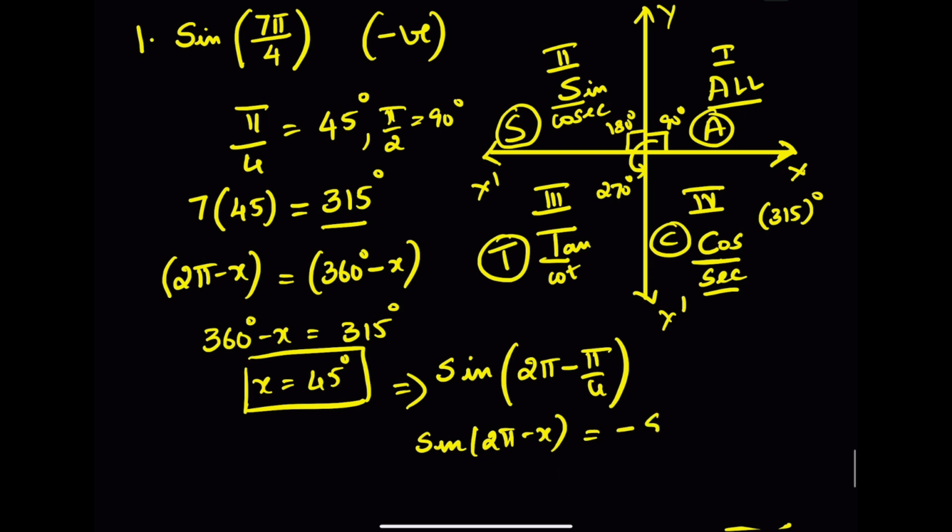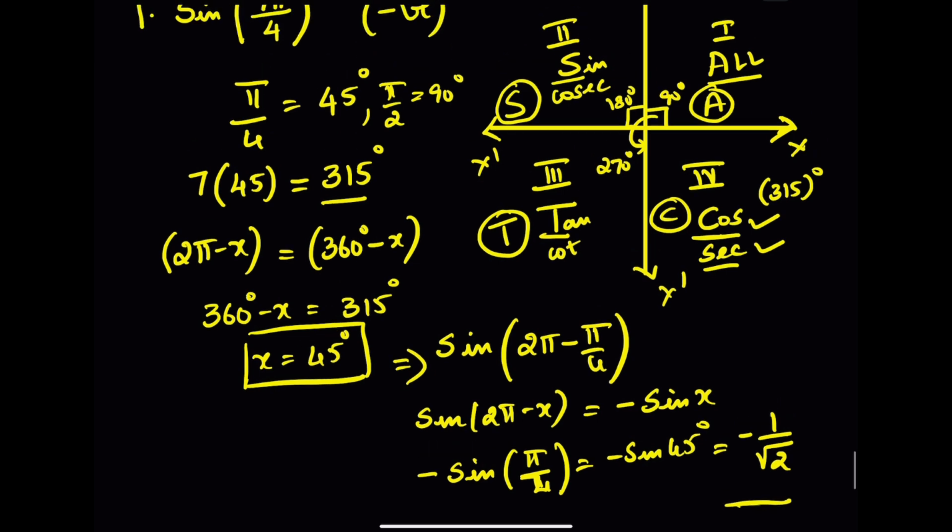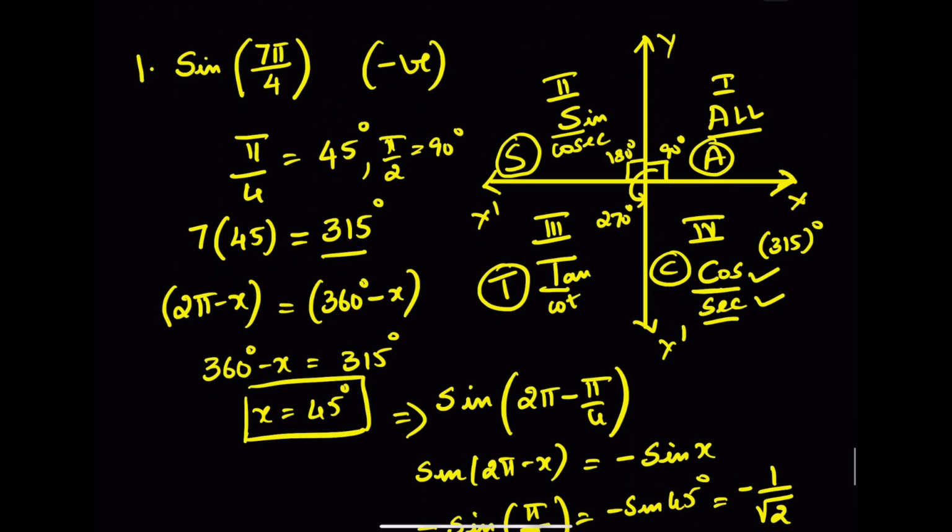It is minus sine x, because in the fourth quadrant, only cosine and secant are positive. All the other trigonometric functions are negative. Now, this would be minus sine of pi by 4, which is equal to minus sine of 45 degrees, which is equal to minus 1 by square root of 2. So this is how we can solve the question sine of 7 pi by 4.